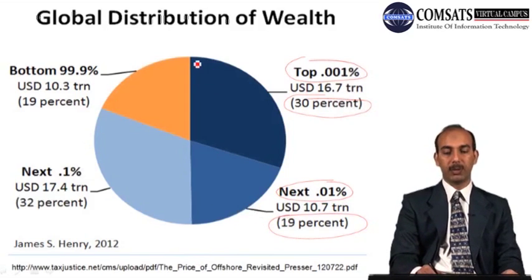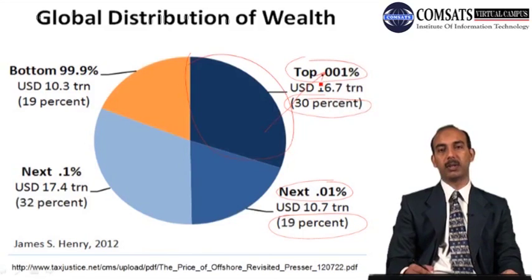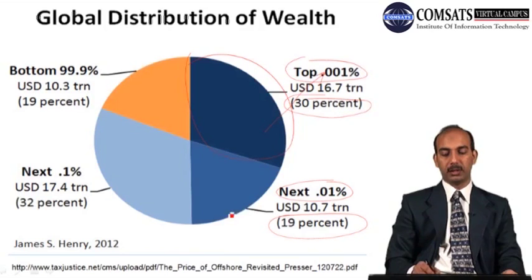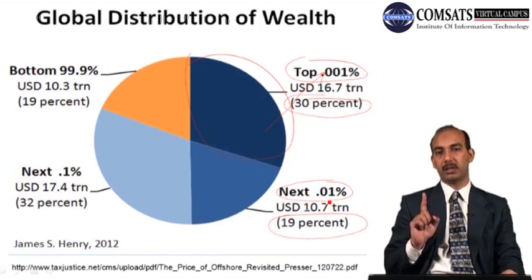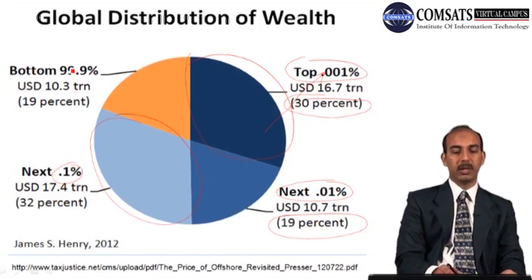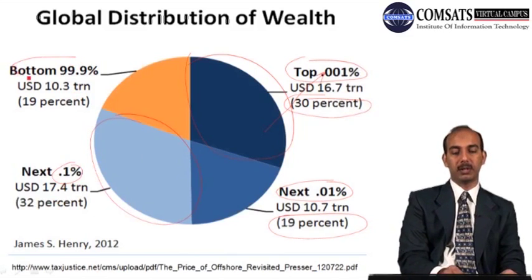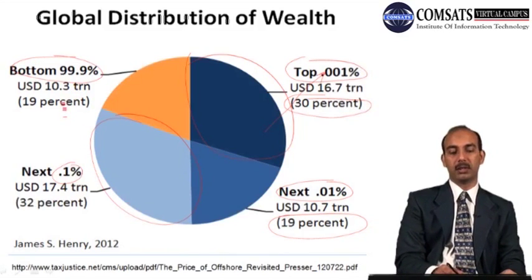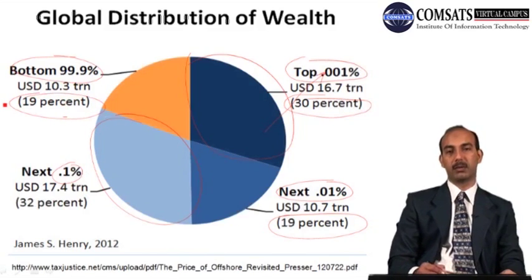So you can see a bigger part of this pie goes to only 0.001%, that is 1 person in 1,000. Okay, then the next 1%, 1 in 100 people, has 19% of the global wealth. And then the next 0.1%, they have 32% of the total wealth. And the remaining 99.9% of the population in the world, they have 19% of the total wealth.